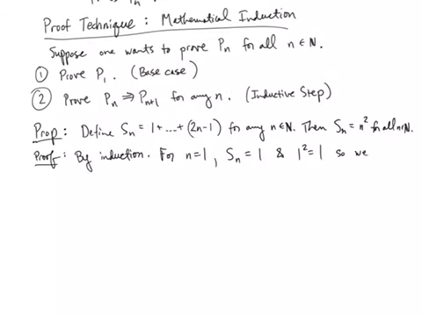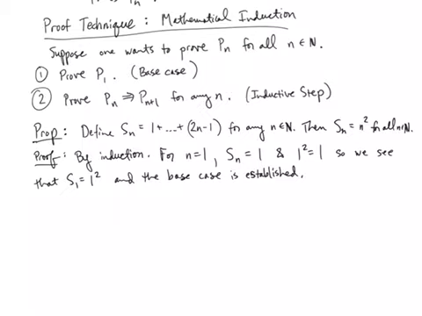So we see that S sub 1 equals 1 squared, and the base case is established. Okay, so that's the first domino falling.